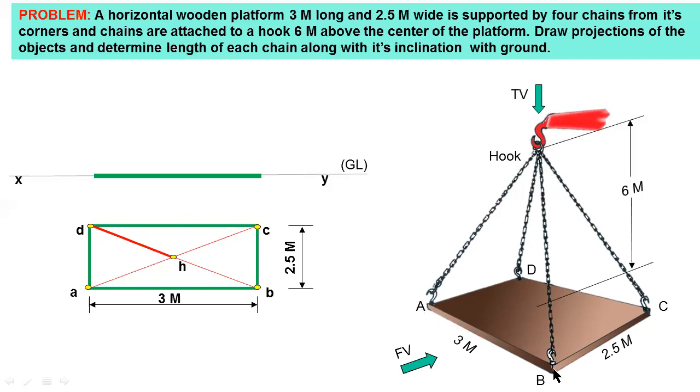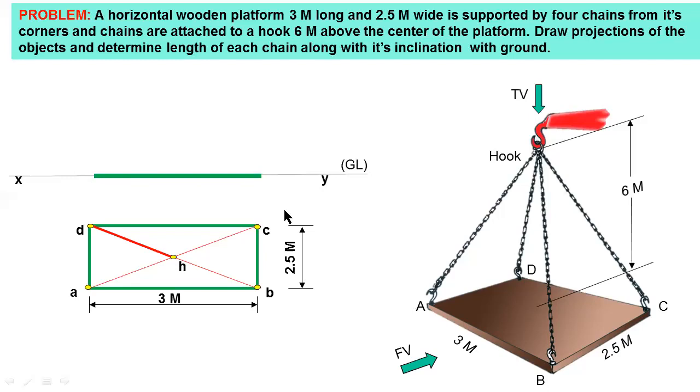Consider this platform as the base, that is, the ground. So you have to draw this 3 meters length line. The length of this horizontal line is 3 meters, and this coincides with the top view AB length. So this AB line is visible clearly.